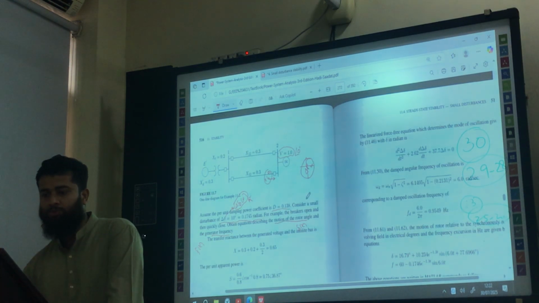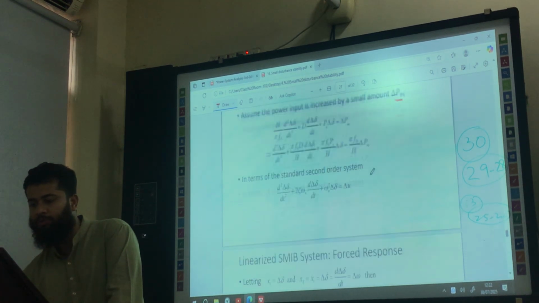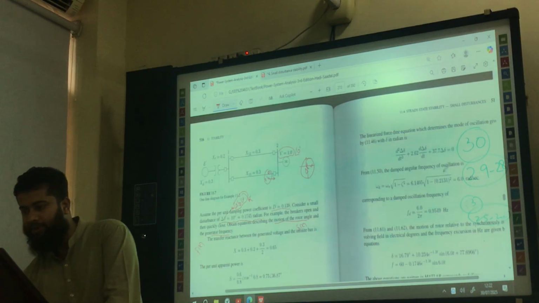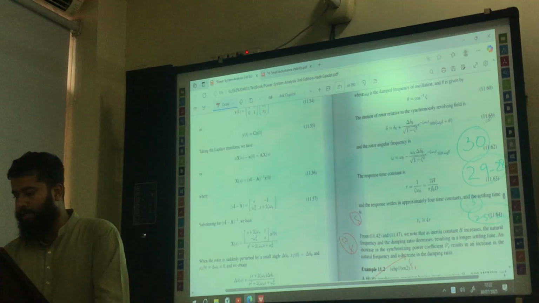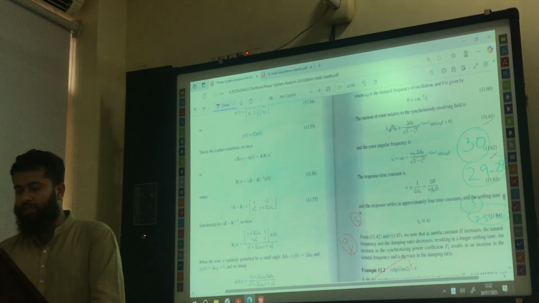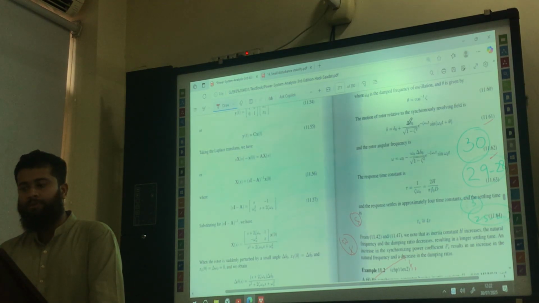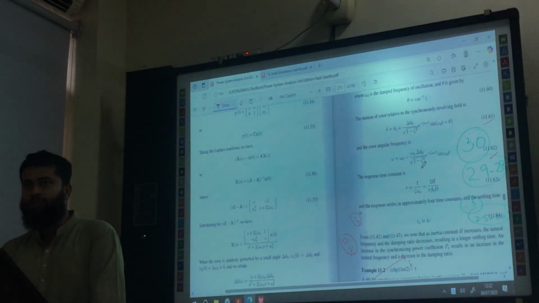And for that we have to take these two equations for zero input response, given here as equations 11.61 and 11.62. This is for delta of t, it will be the initial value of delta plus this term, which is actually the del delta of t, and this is the omega of t, the initial value of omega plus the del omega of t.